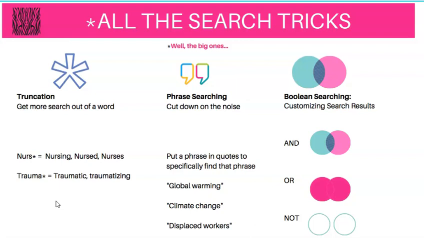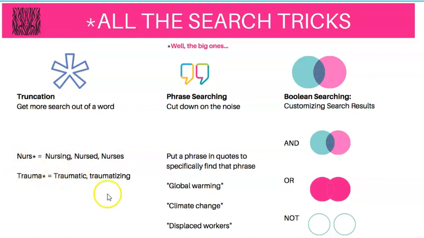You're going to use truncation when you need to get more out of a word. Suppose you have a word that has alternate endings, trauma, traumatizing, things of that nature, but you don't want to have to search four times, three times to keep looking for it. You go to the most common place before the suffix kicks in. You'll see here it's after the S, and you put an asterisk there. Trauma*.